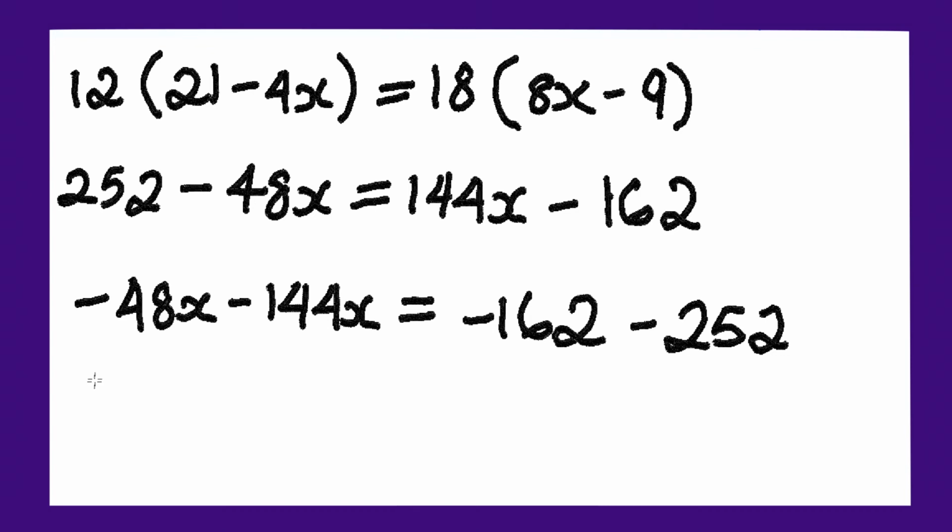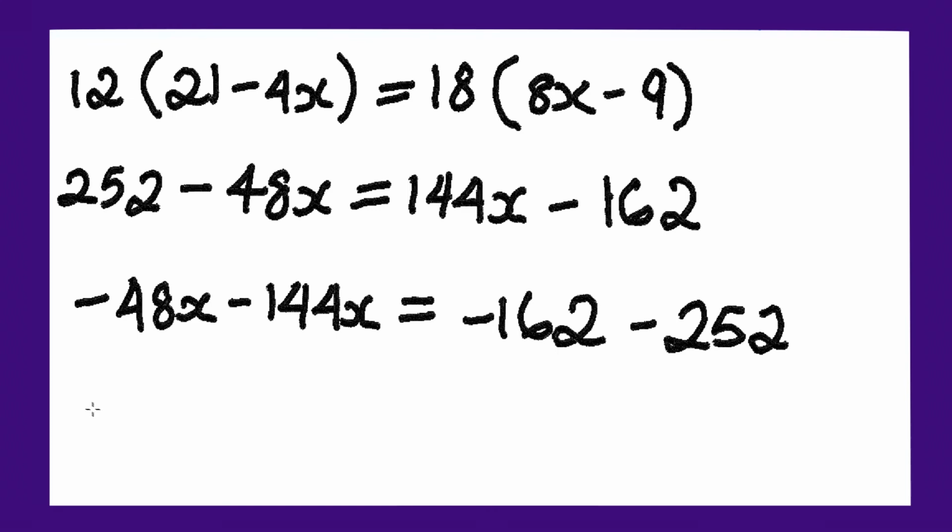Okay. Quite interesting, because I hope you observe, viewers and Erin, that we have two negatives for our x quantities and two negatives for our constants. So what do we do when we have two negatives in addition and subtraction? What is the rule? Okay, when you have two negatives where the signs are the same, you add those two numbers or those two quantities and you keep the sign.